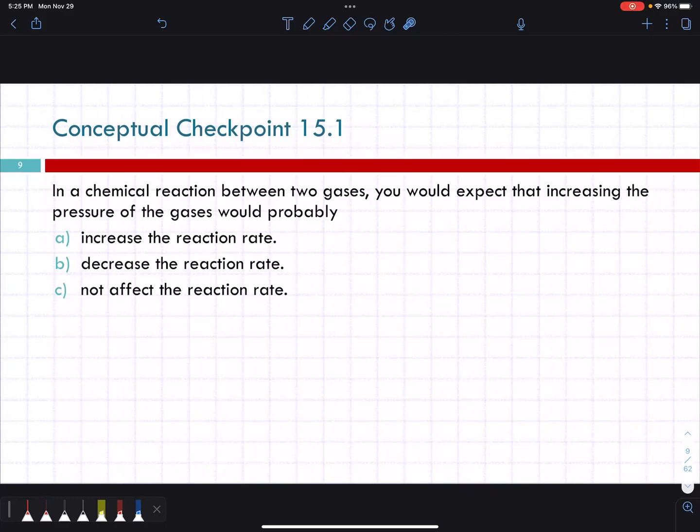All right, so if we increase the pressure, how does that affect our two factors here? Number of collisions and energy of collisions.